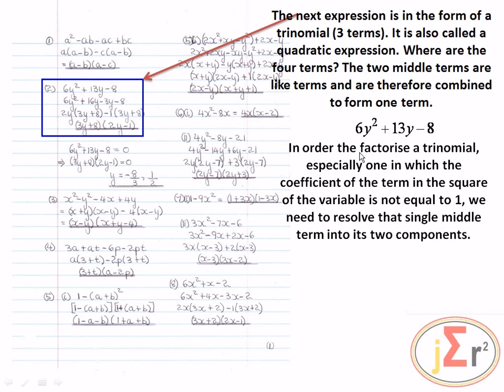So this middle term is comprised of 2 like terms, and those 2 like terms are combined and present in this single term that we have right here. So in order to factorize this expression, we need to resolve that middle term into its 2 components. And we will go through our process in doing so.